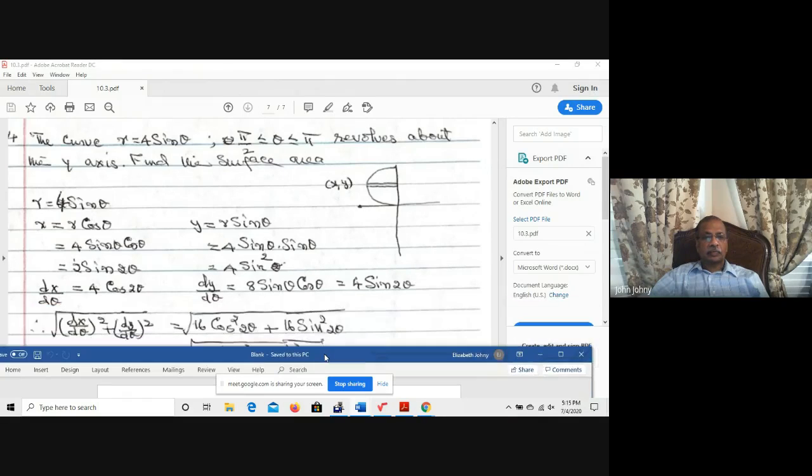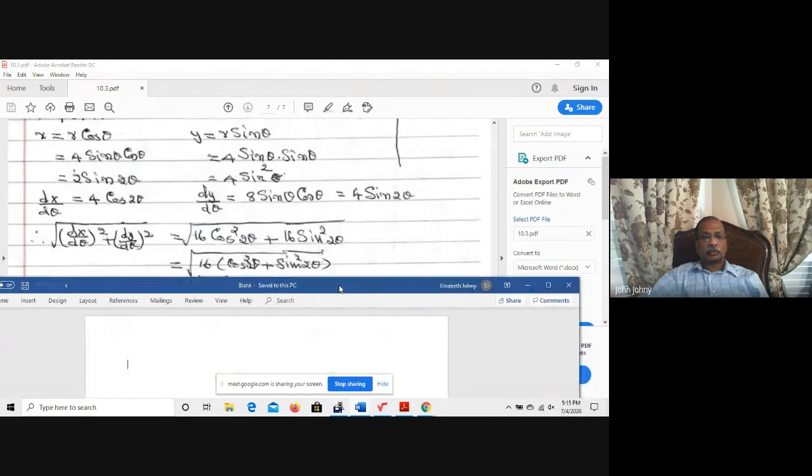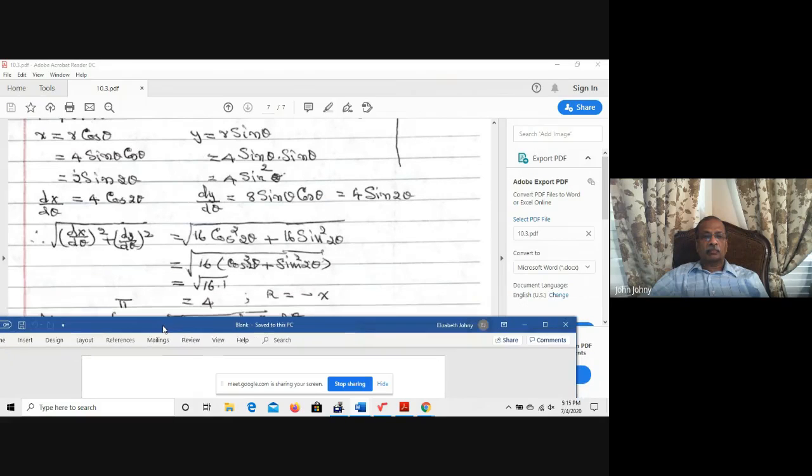Therefore, the square root of (dx over d theta) squared plus (dy over d theta) squared is equal to the square root of 16 times cos squared 2 theta plus 16 times sine squared 2 theta. That is 16 times (cos squared 2 theta plus sine squared 2 theta) by pulling out 16, and that is 16 times 1, so the root is 4. r is the radius.